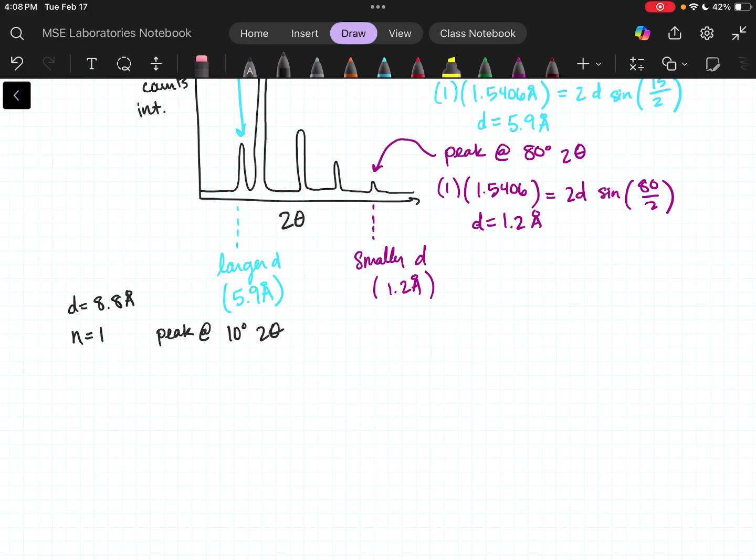If N equals 1, then I expect the peak to be at 10 degrees 2 theta. For N equals 2, the peak would be at 20.